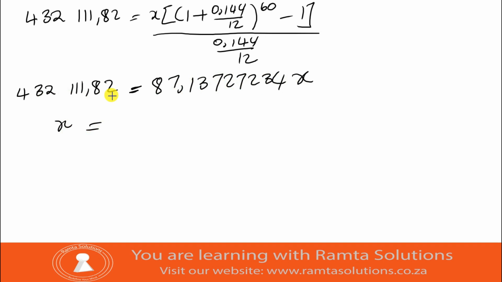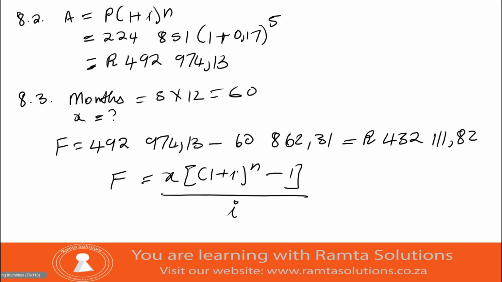432,111.82 divided by the answer. Our answer is 4,970 rands and 45 cents.